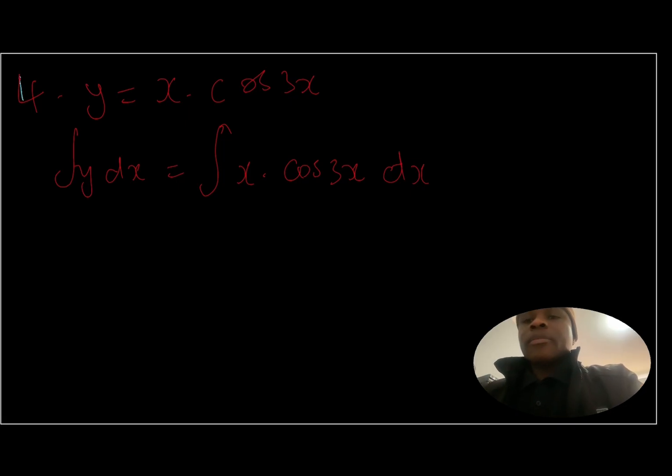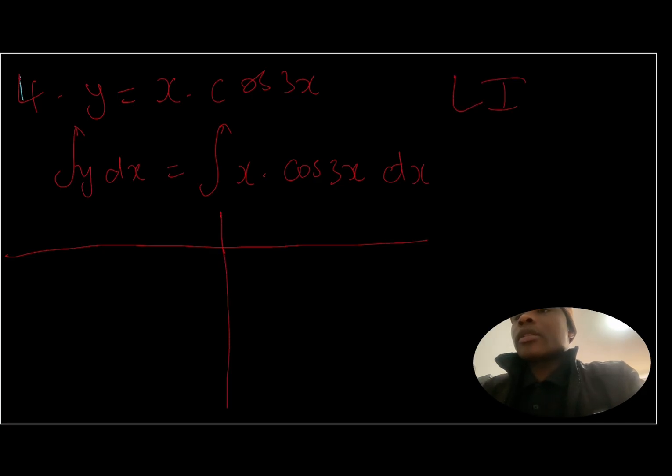So we're going to use LIPET, since it is integration by parts. We're going to draw our nice table here and determine which one to derive and which one to integrate.